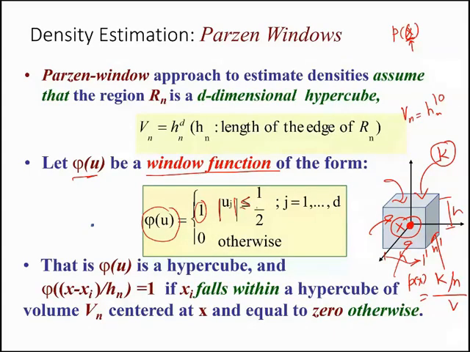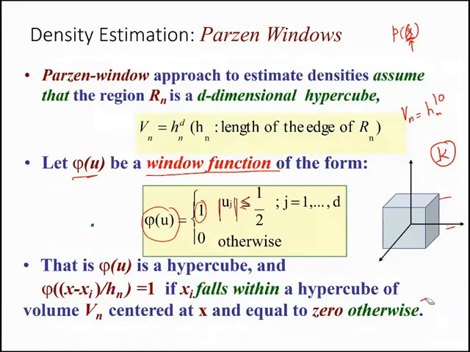That means it will return you 1 whenever you are inside the window. Outside the window, or outside this hyperbox, its output is 0.